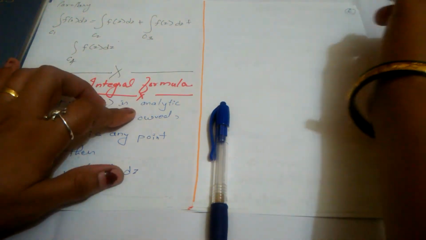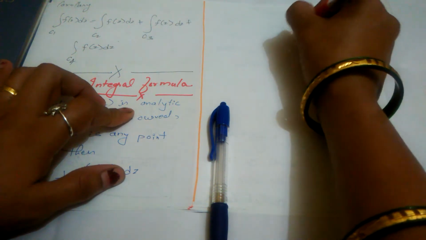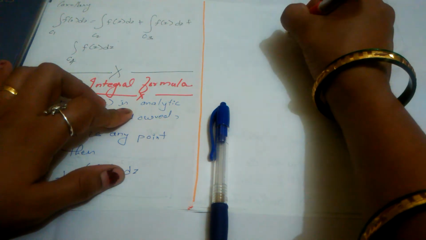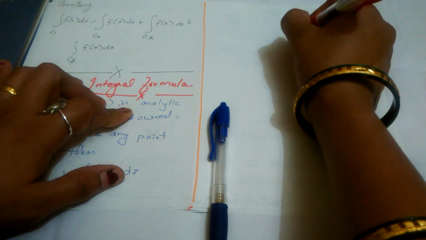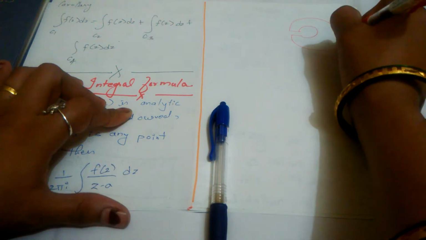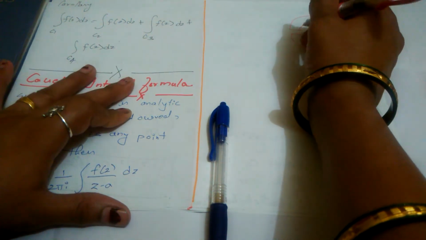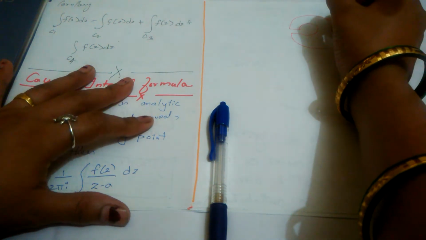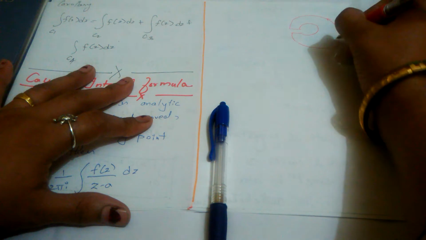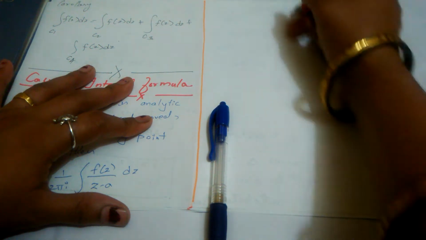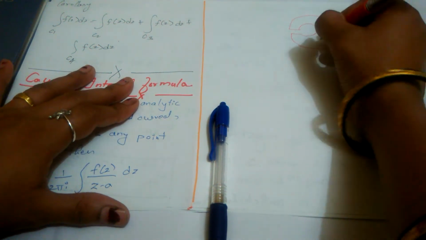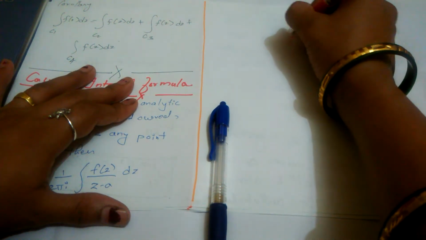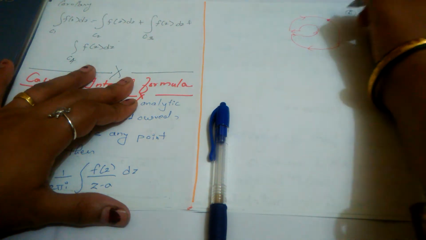Is it a simple or multi-connected region? Simple. Here this is a circle C, with the path along the clockwise direction.